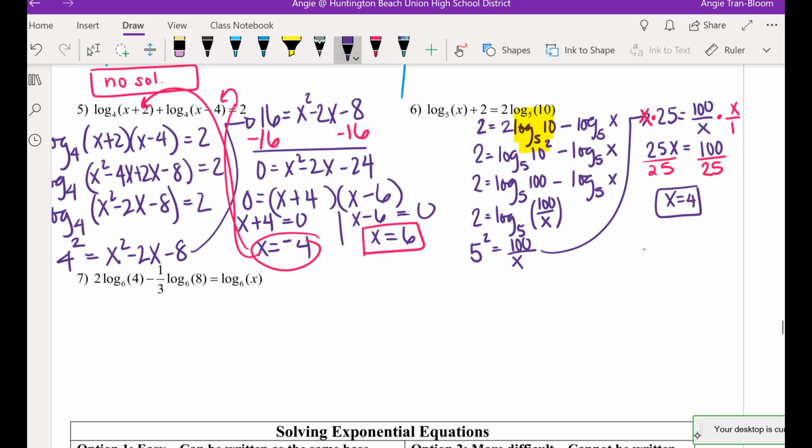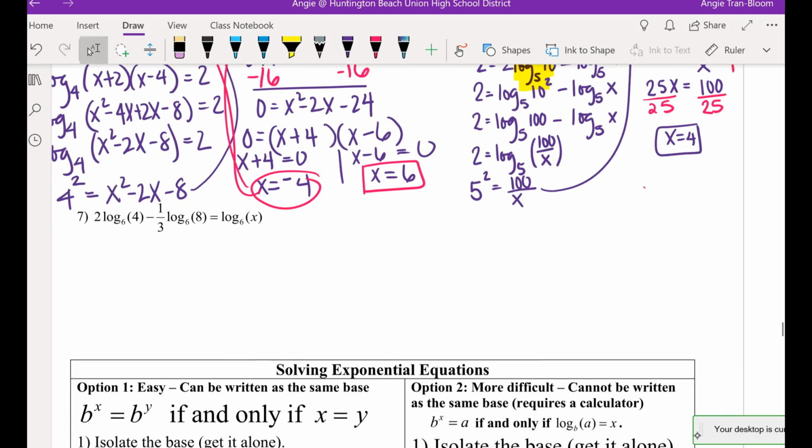Make all of your coefficients into exponents. Well said. That means this is log base 6 of 4 to what exponent? Squared, minus log base 6 of 8 to what exponent? 1/3, equals, and then I'm going to write log base 6 of x back.